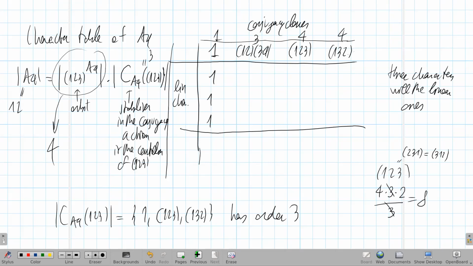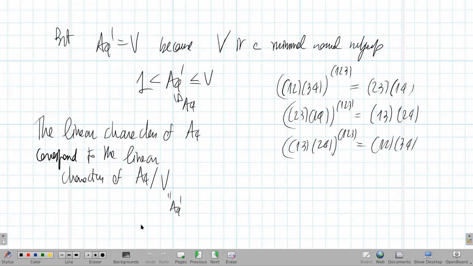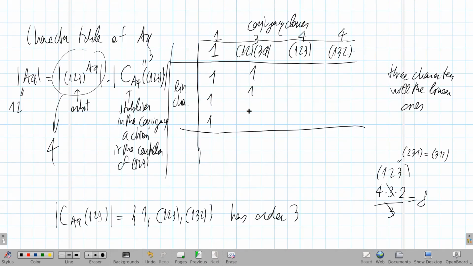They are the characters of the quotient A4 over V, so V is in the kernel. And then we have the characters of a group of order 3. Remember, the trivial character is always there, and then omega, omega square, and omega square, omega, where omega is a primitive third root of unity.